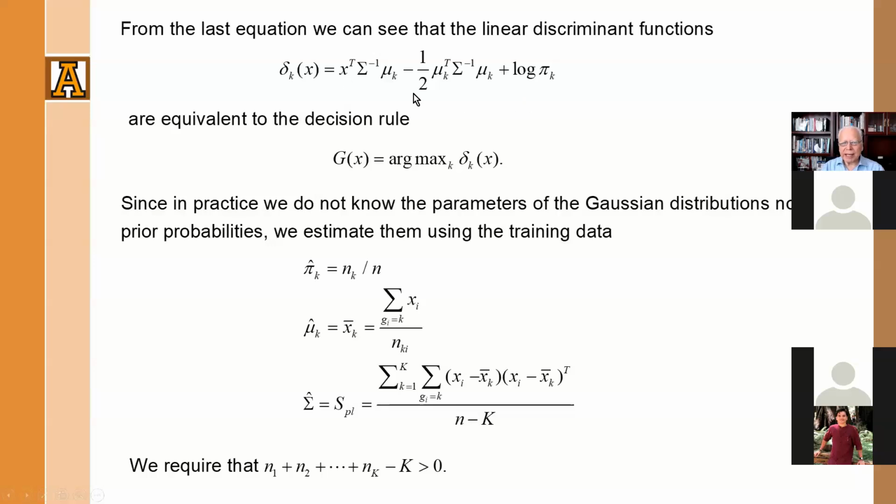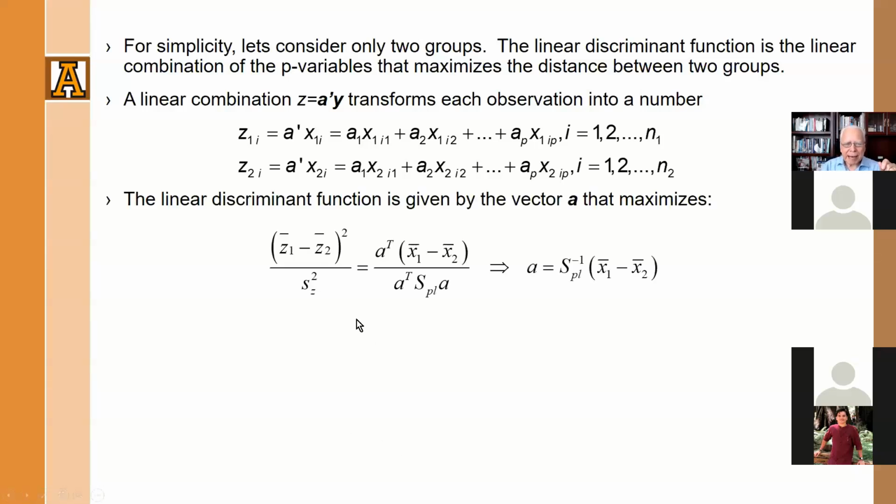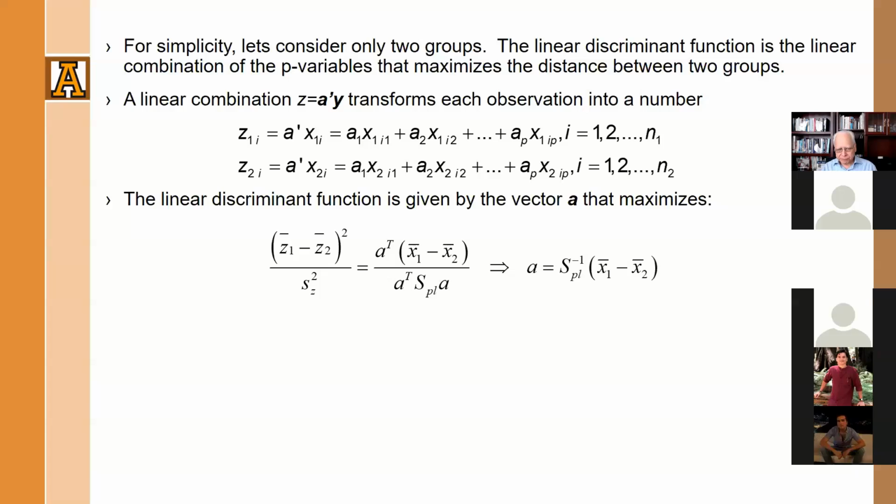We can estimate this by maximum likelihood, but this is equivalent to finding the coefficients of these linear combinations of my x's that maximize the difference between the means, separating the means as much as possible, divided by the variance, in the case of these two dimensions. I can write this down in matrix form.